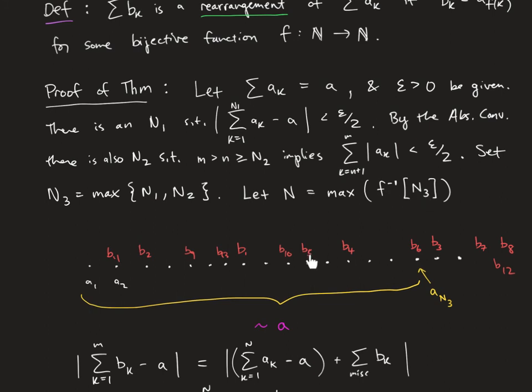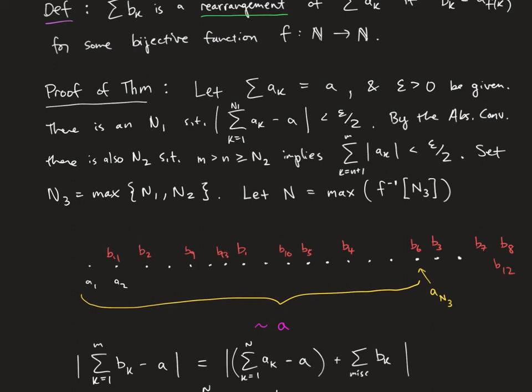We're just seeing which indices are mapping into the first N3 of the a's. The first 1 through N3 is represented by a1 through a_N3, and the f inverse is just seeing which b indices are mapping into there. And we're just seeing what's the biggest one. So how many of these b's do we have to take before all of these a's are filled out?